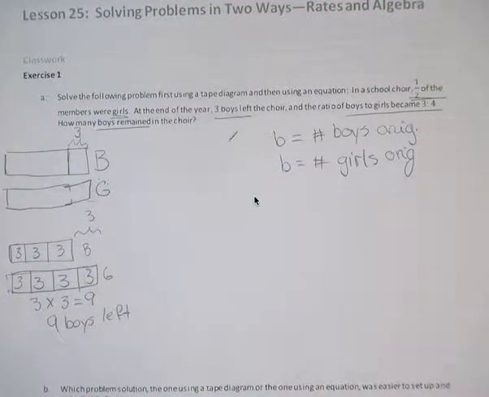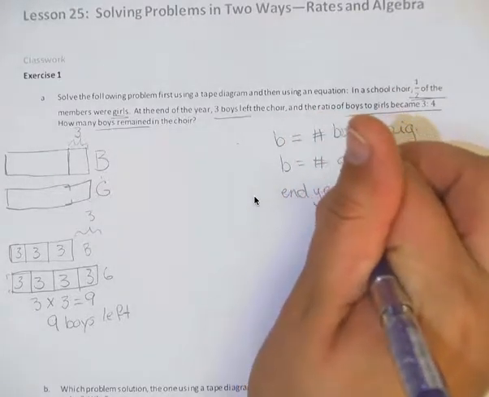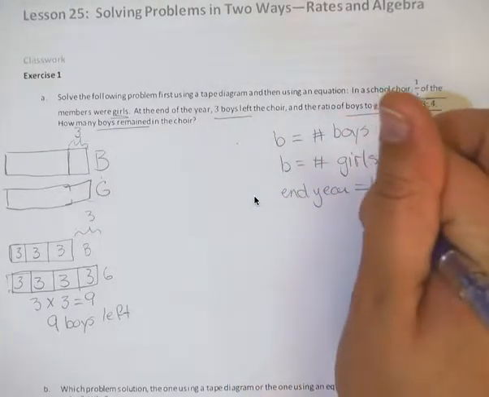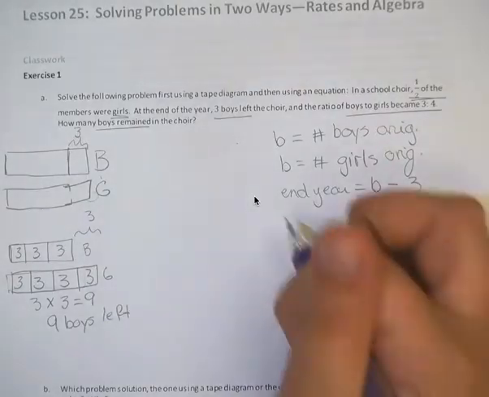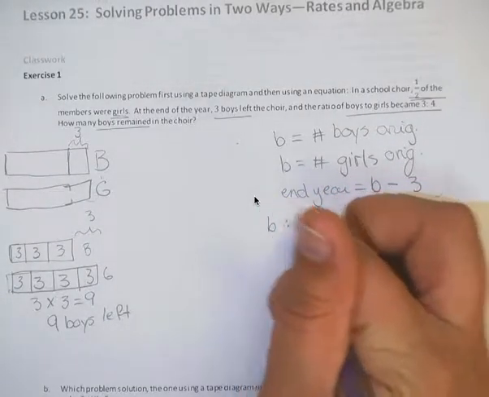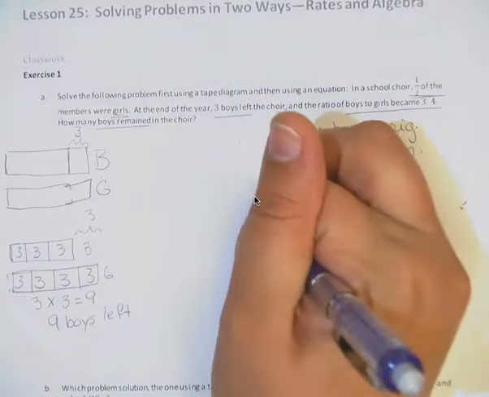Okay? So, then, at the end of the year, the boys was equal to the total boys, take away 3, because we lost 3 kids. So then we know our ratio of boys to girls, I'm going to use big letters, capital letters, to signify the difference.